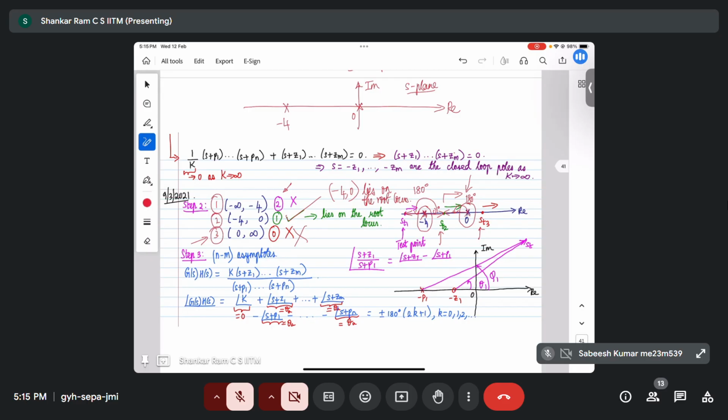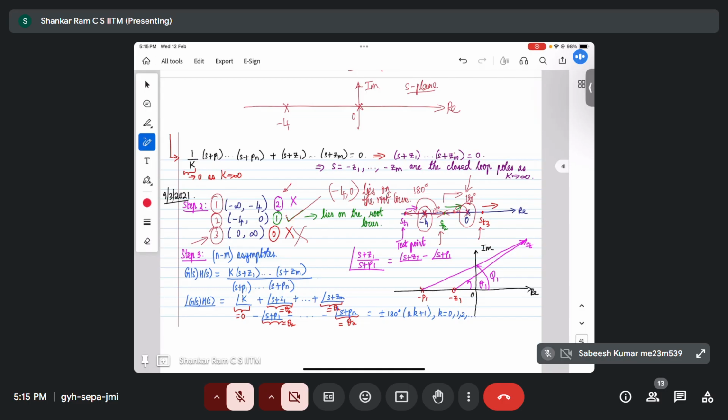We already know that one branch starts from one open loop pole, so this open loop pole at -4 is the nodal point for one of the root locus branches.